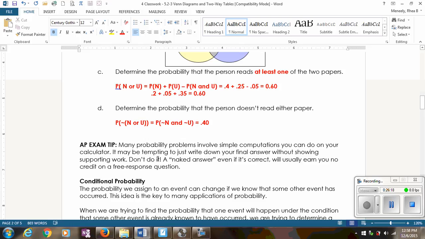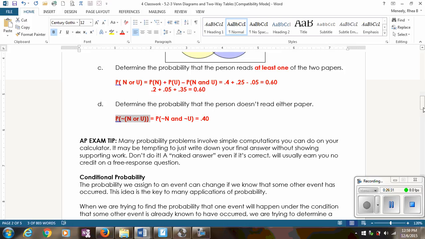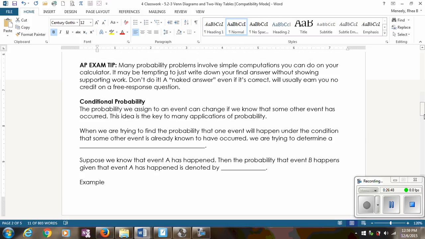But understand that without the explanation, without the communication part, that's the symbols here, or without some sort of written explanation, even the Venn diagram would be better than nothing, you're not going to get full credit on a free response question if you don't explain how you determined your answer. So on the multiple choice, it doesn't matter, but on any of the free response questions, you're going to want to make sure that you either use the notation and show your work, or draw a Venn diagram or a two-way table, or what we'll see later on is a tree diagram.